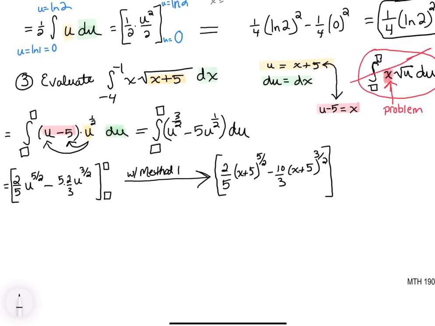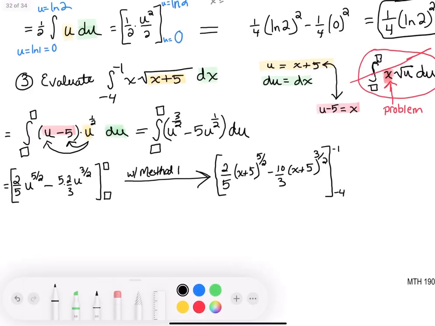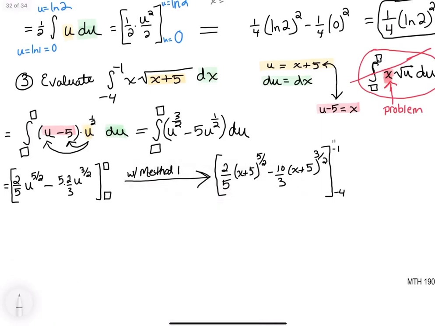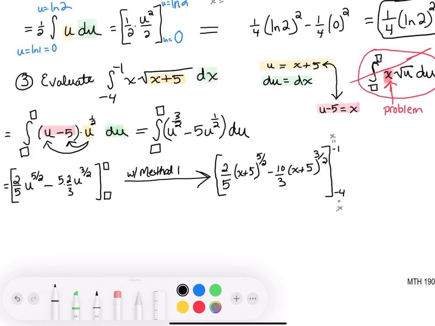So the original x limits of integration here are now what I can put back in those little boxes that I had left there before. Okay, so these are our original x limits of integration. So the limits of integration in terms of the variable have to match what the function variable is. X limits of integration if you're in functions of x.